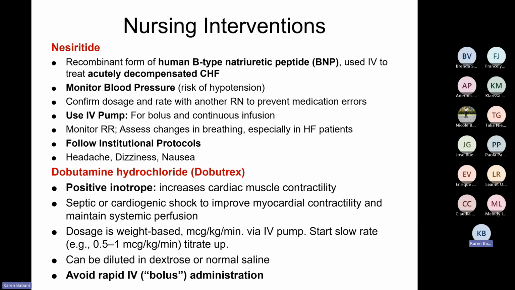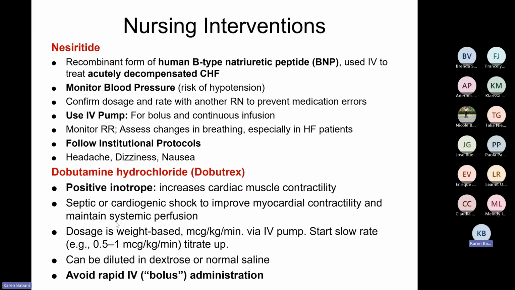This is going to increase that. This is very common. We put patients on this drip when they come in for cardiogenic shock. You can also use it in septic shock. What you want is to help the heart recover a little bit, and it helps with the perfusion, which is why we put it on those patients who have sepsis.